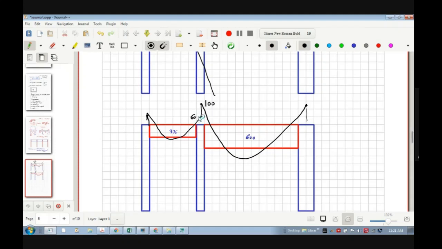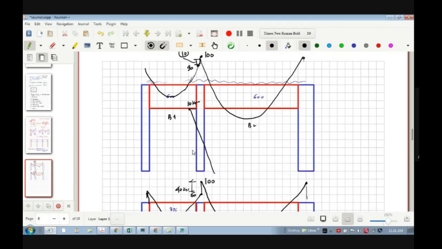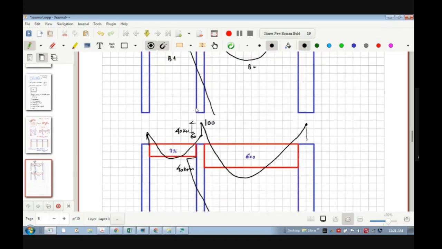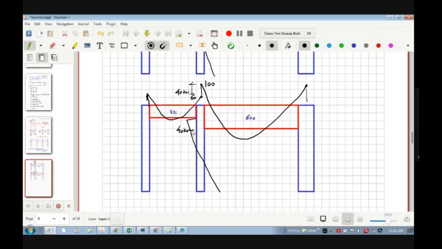Say for example, let's say this is a 60. So there is an unbalanced of 40 kilonewton meter. And that 40 kilonewton meter will go into the column. Now in both the cases, whenever you take this decision, the moment in the column is less, and whenever you take this decision, moment in the column is more.